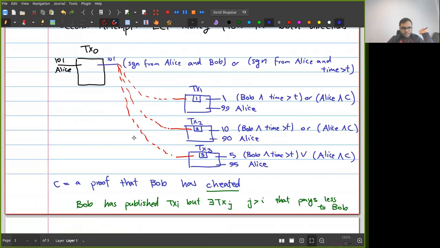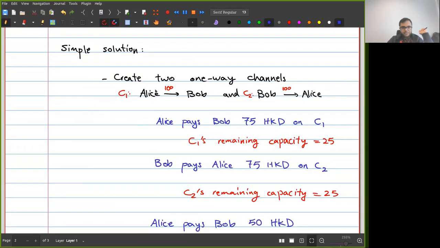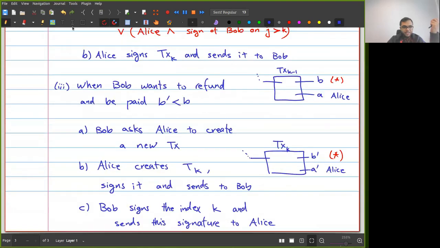Well, I can use the exact same solution that I had here, right? So originally I was just saying I have two one-way channels, but now let's say I have two one-way channels with refunds. Okay, so this is how I can have a two-way channel.